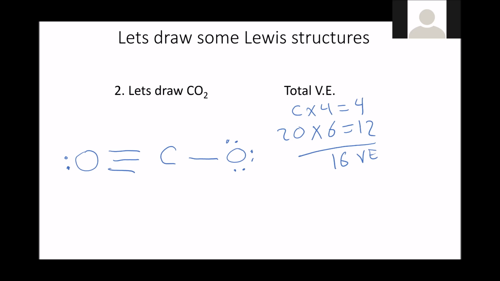However, it implies one very important fact. If that's the case, how does the bond length between this carbon and this oxygen compare to this carbon with this oxygen? It's going to be a lot shorter. A lot shorter, thank you. And that's not the case in reality.